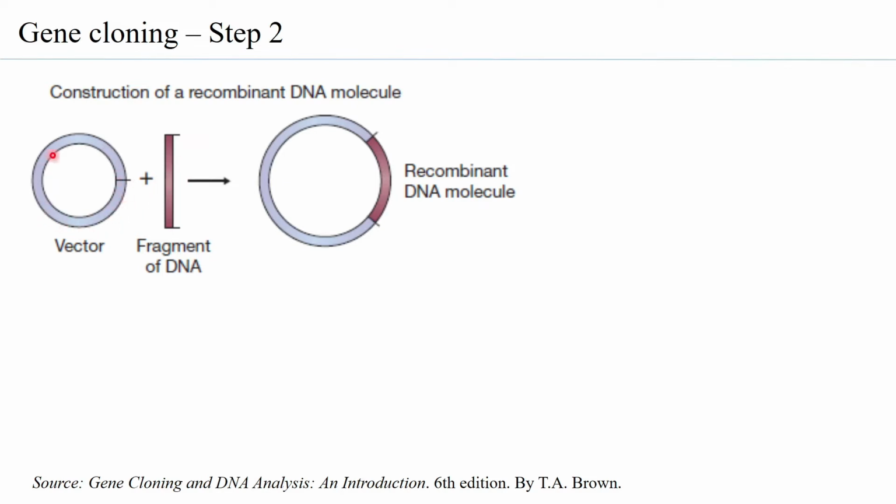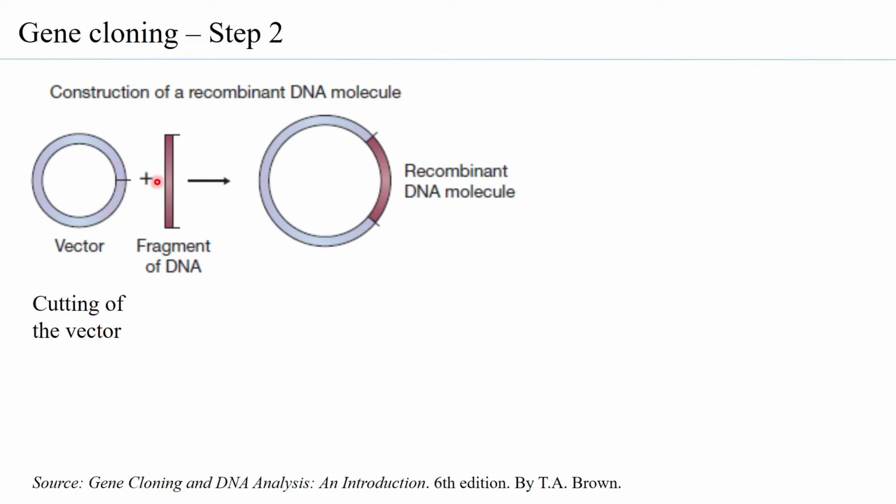Now, a vector is generally a closed circular DNA, whether it is plasmid DNA or phage DNA. Most cloning vectors are circular and closed. So, in order to insert the fragment of DNA, the vector needs to be cut.